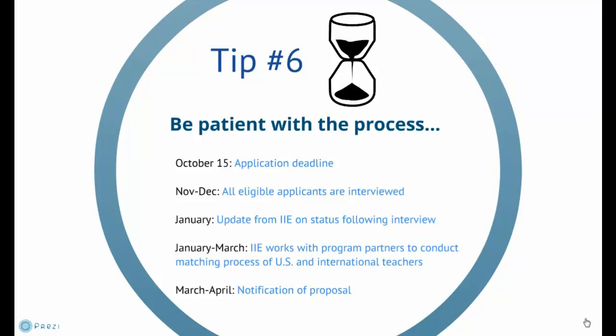It's at this time in the process that U.S. teachers will talk with their administrators and their principals about the proposed international teacher. Administrators and principals working with IIE will then have the opportunity to interview the international Fulbright teacher via phone or Skype. And once all parties agree on the proposed teacher on the U.S. and the international side, and once the teachers are approved by the Fulbright Foreign Scholarship Board, a Fulbright teacher match is made.